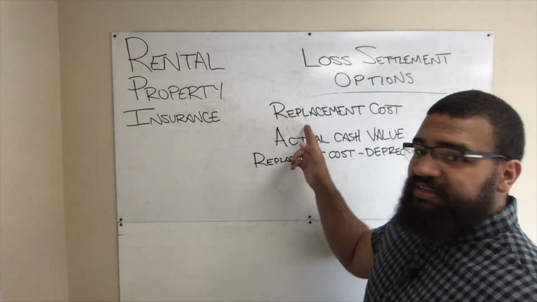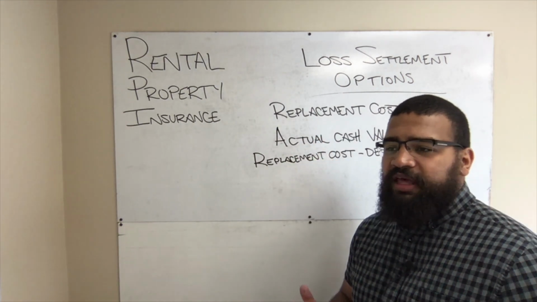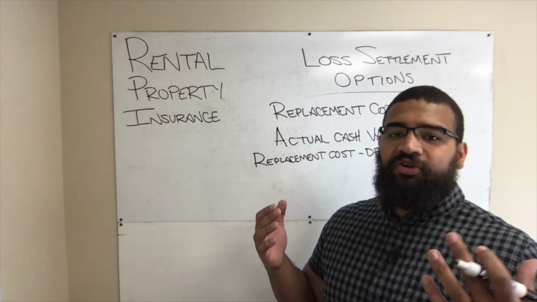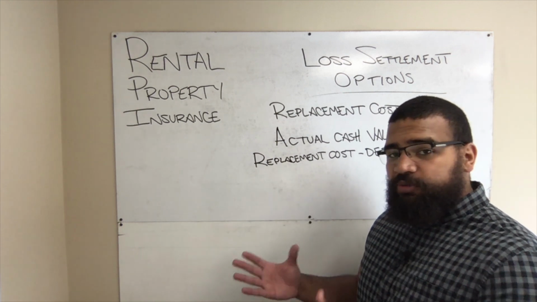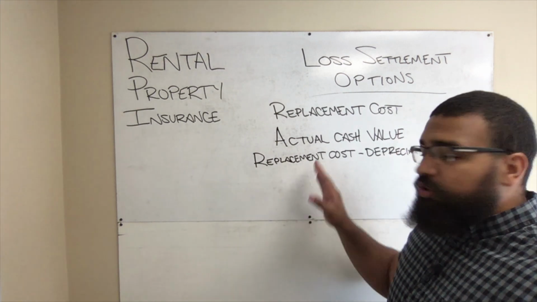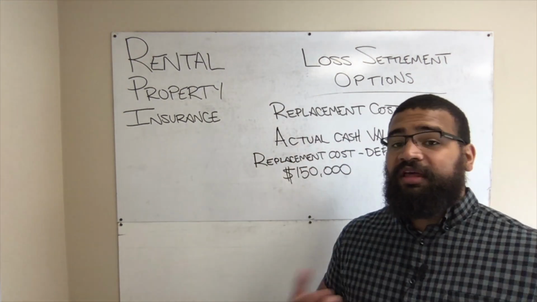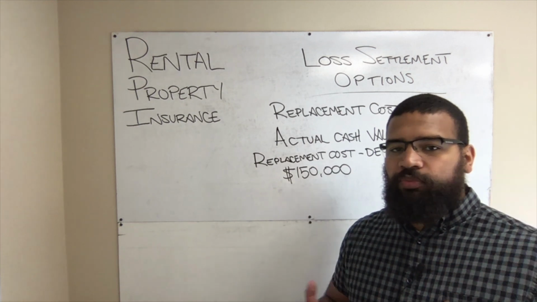So in this scenario that I used with my duplex, let's say the replacement cost came in at $300,000. Well, that duplex was built in the year 1900, so we're going to max out those 50 years or that 50%. So the actual cash value of the property would come in around $150,000. Again, this has nothing to do with what I actually purchased the property for.